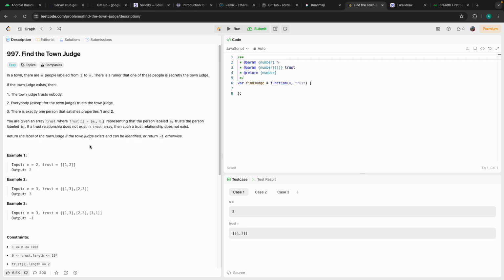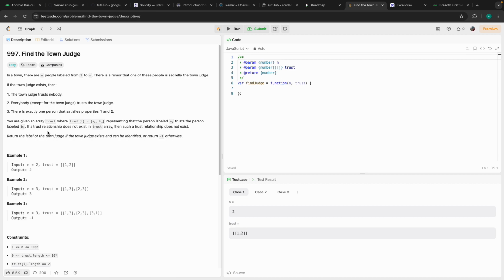You are given an array trust where each element is a pair representing that the person labeled ai trusts the person labeled bi.